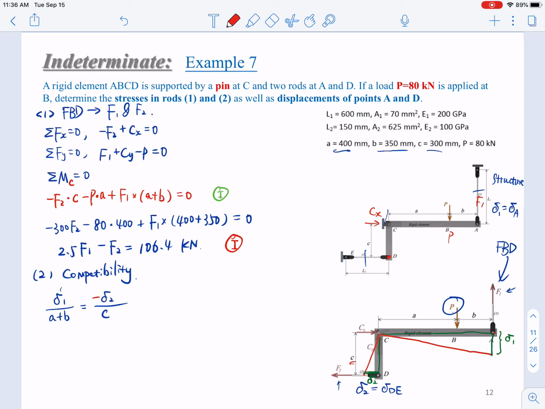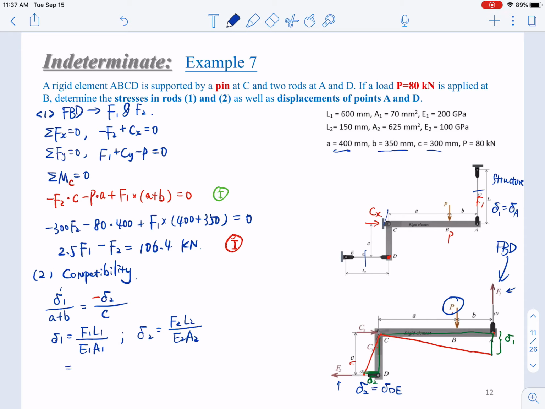Based on this, delta 1 is here in this equation. Delta 1 equals F1 L1 over E1 A1, and delta 2 equals F2 L2 over E2 A2. Okay.